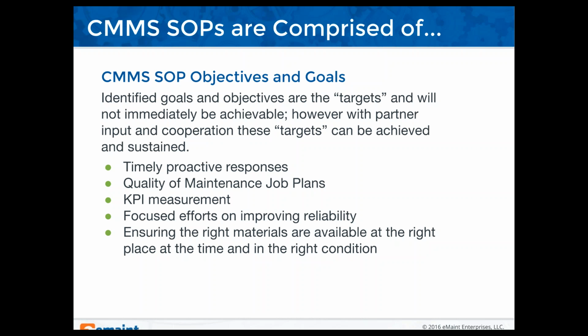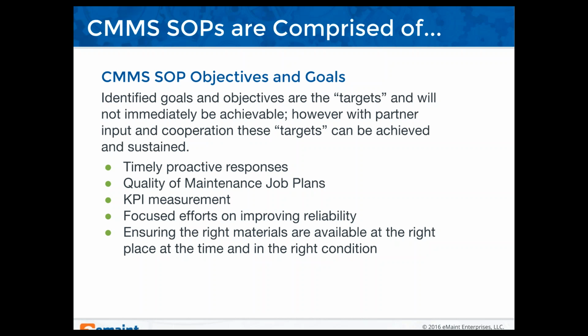as part of the continuous improvement process. So the objectives and goals might include some one-liners, some bullets in the context of timely proactive responses to getting things done, ensuring the quality of the maintenance job plans and tasks at the right level, that the appropriate KPIs have been discussed, analyzed and understood, focusing efforts on improving reliability, and that may be more than just implementing a CMMS.